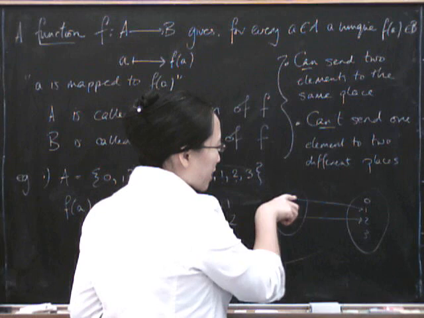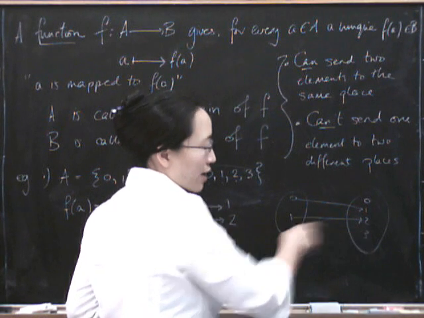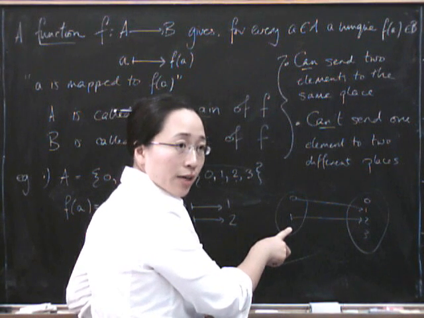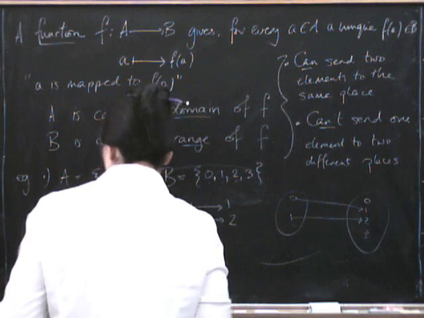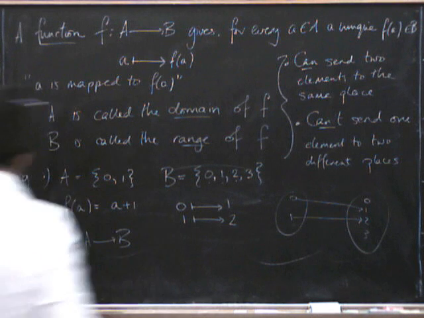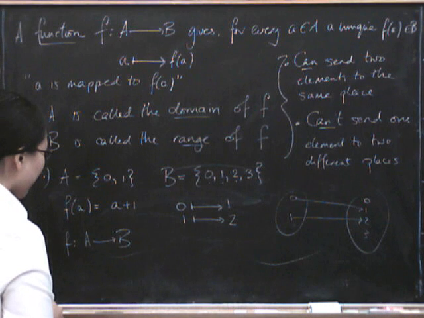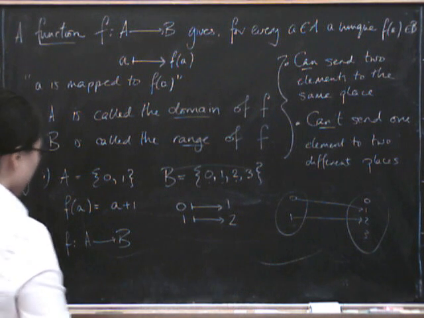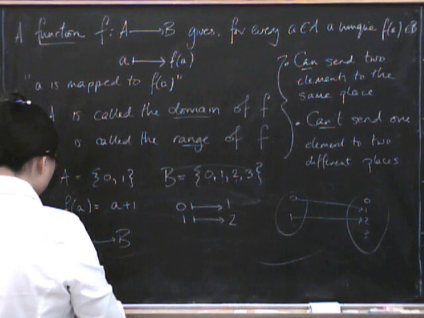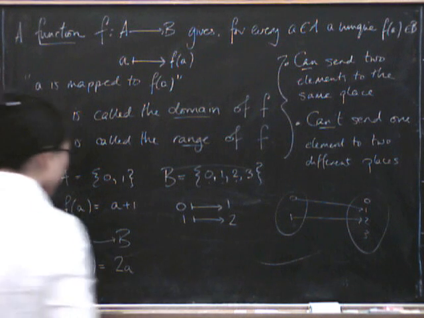So each of these goes to precisely one place, but maybe something over here doesn't have anything that hits it. Whereas you can't have something over here with no arrow coming out of it, because everything over here has to go somewhere. So this is a perfectly good function from A to B. Another perfectly good one that we could have from A to B here would be g of a equals 2a.